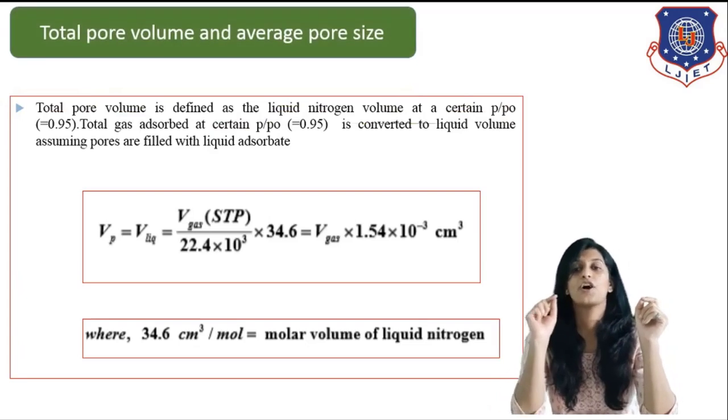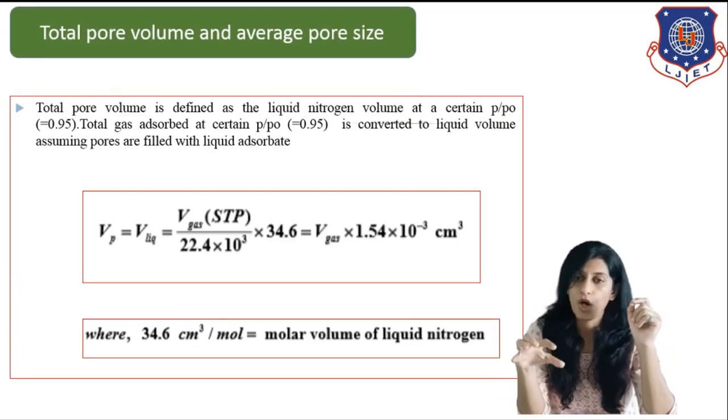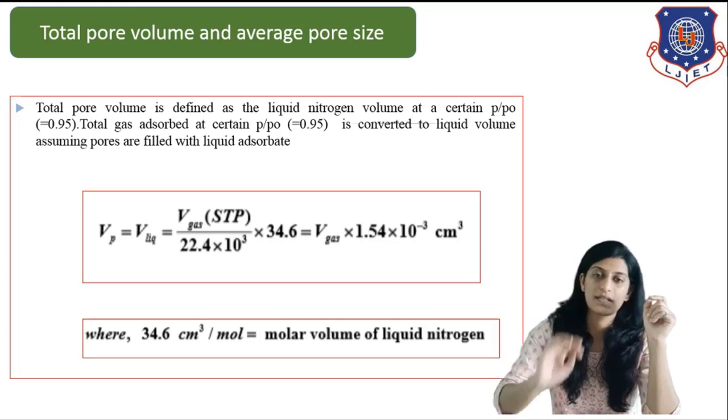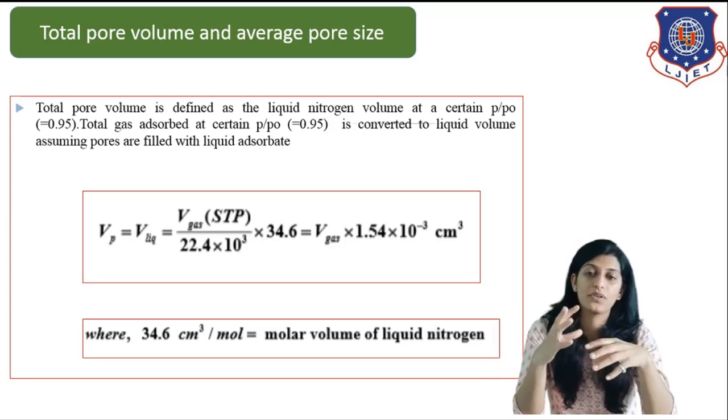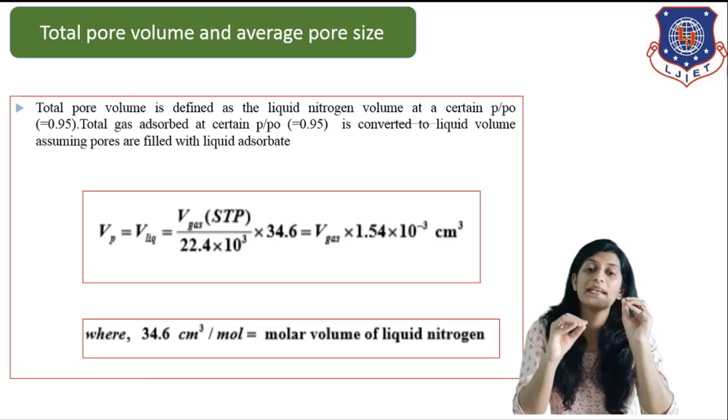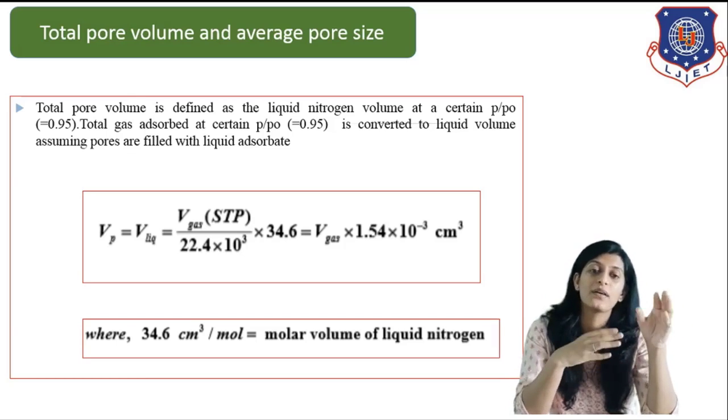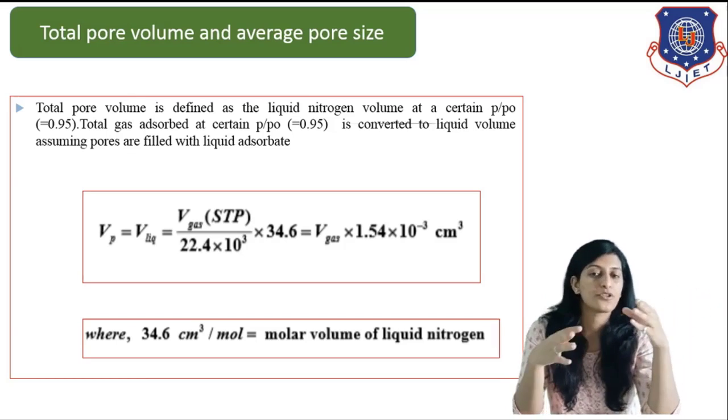The next topic is total pore volume and average pore size. Total pore volume is defined as the liquid nitrogen volume at a certain ratio of pressure to partial pressure.